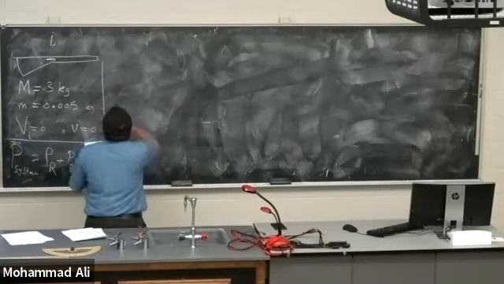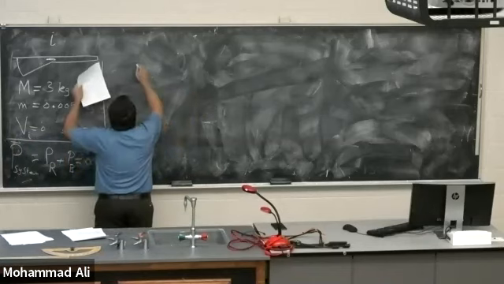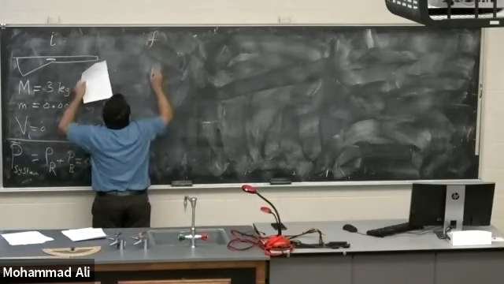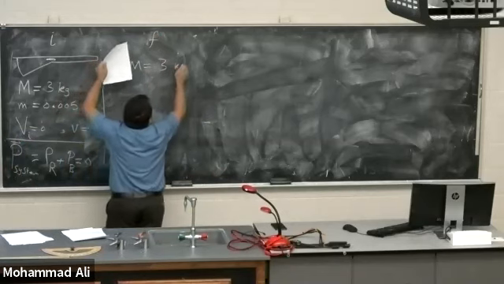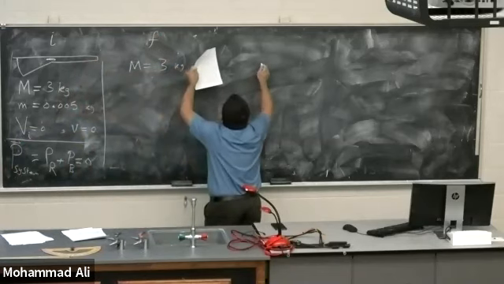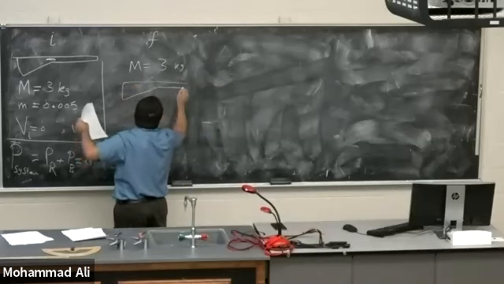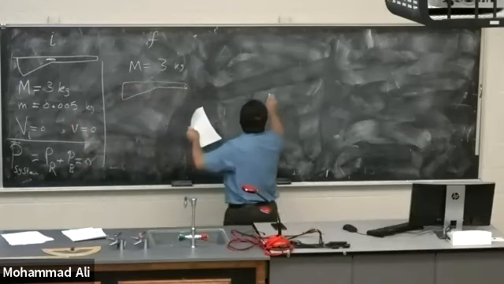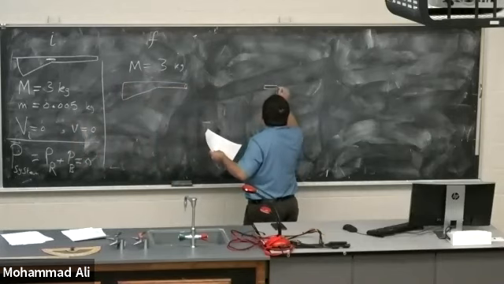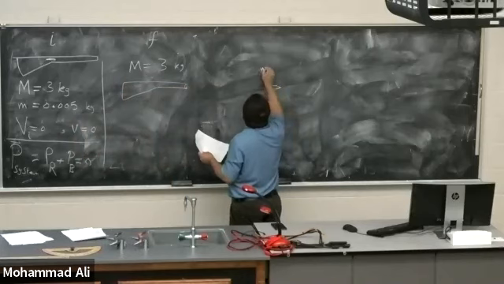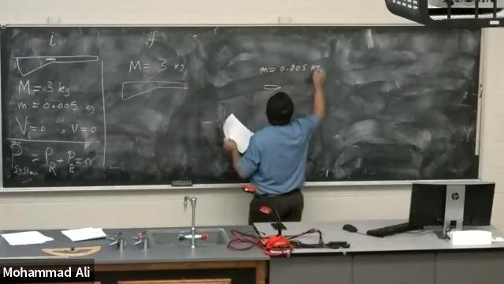Okay, after shooting. Now, this is finally. The capital mass is still the same, 3 kilograms. We have the rifle and we have the bullet with its small mass, 0.005 kilograms.